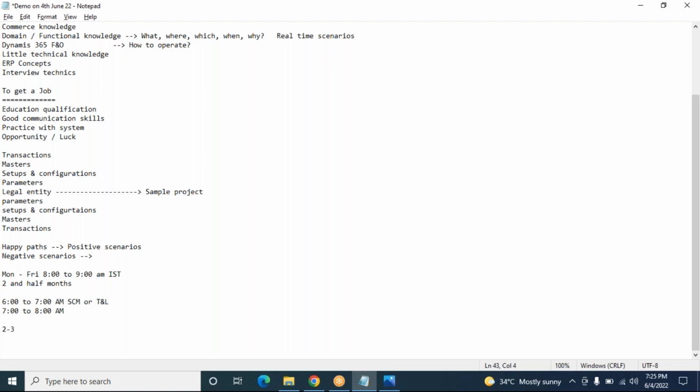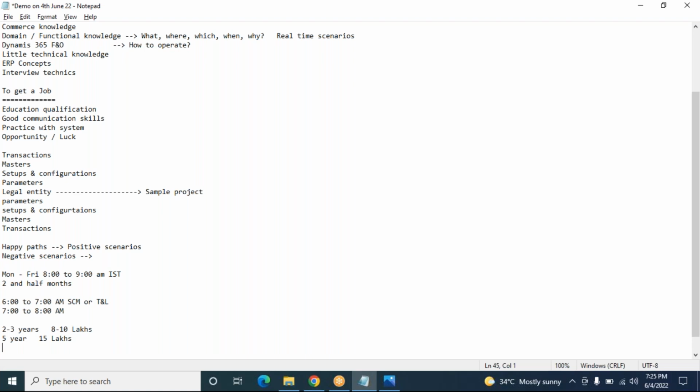So, 2 to 3 years experience, guys, because with my training you are going to learn around 2 to 3 years' worth of knowledge. They are getting on average 8 to 10 lakhs, current situation I'm telling you. Around 5 years experience, they are getting 15 lakhs.